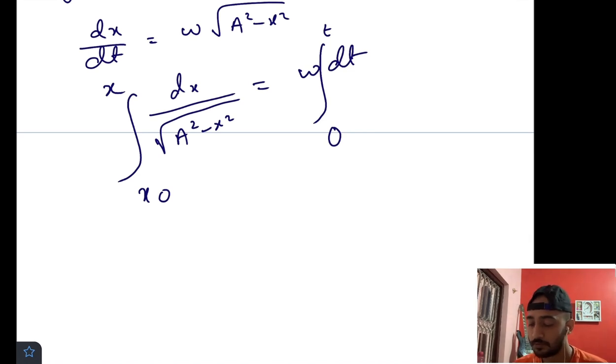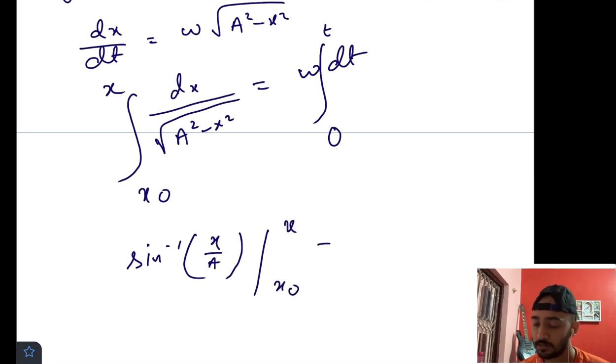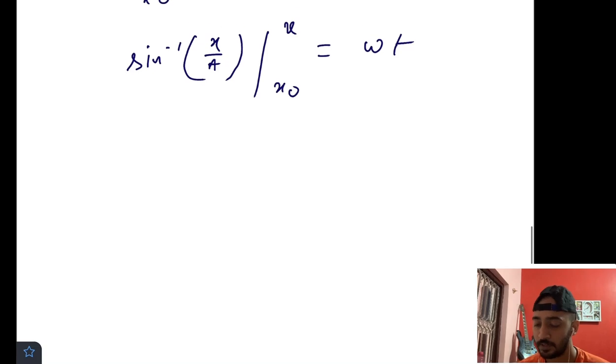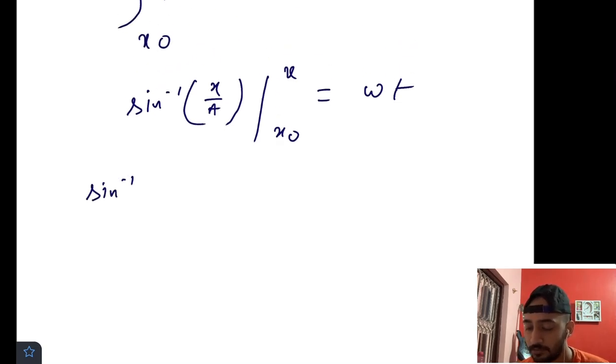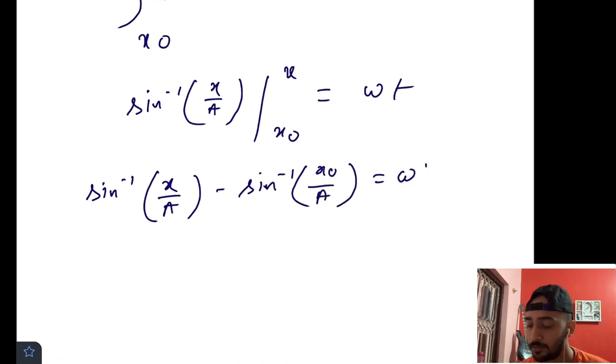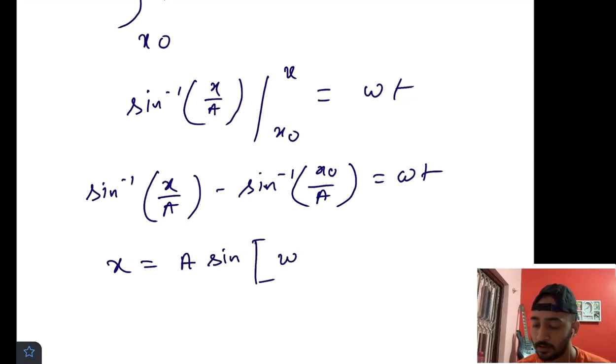So integration of the left hand side is sine inverse x by a with the lower limit x naught, upper limit x. Okay, so this one is sine inverse x by a minus sine inverse x naught by a equals omega t. So rearranging everything, we have x equals a sine of omega t plus sine inverse x naught by a.